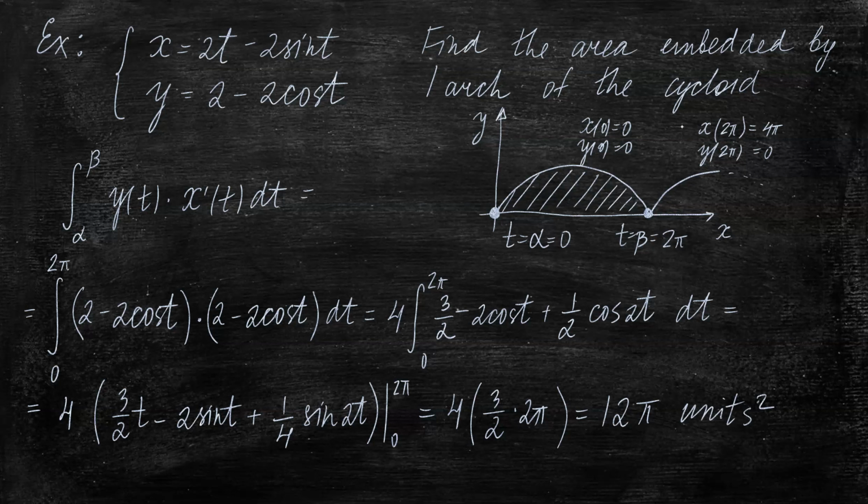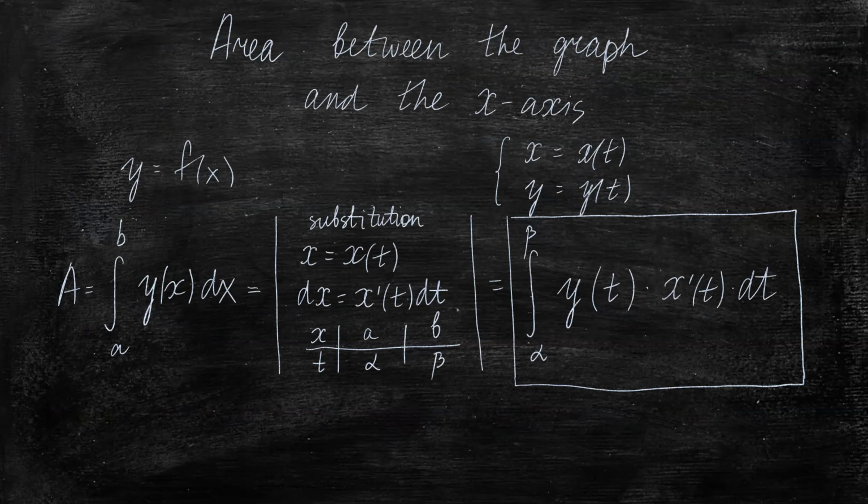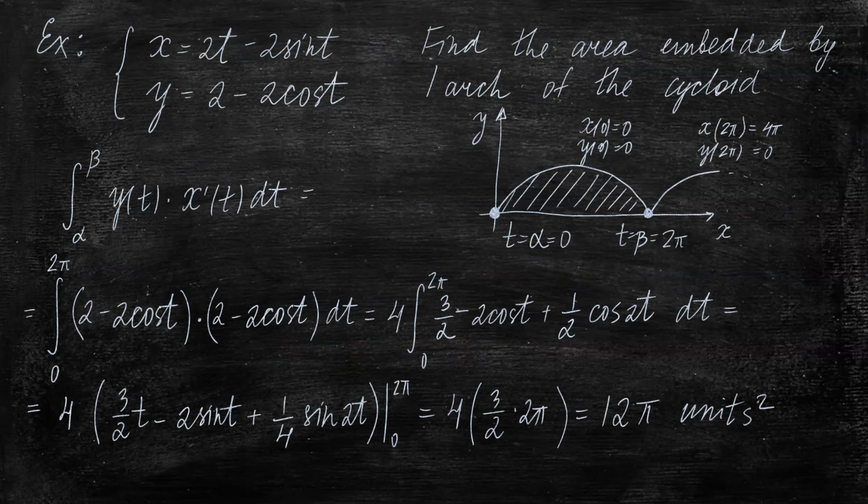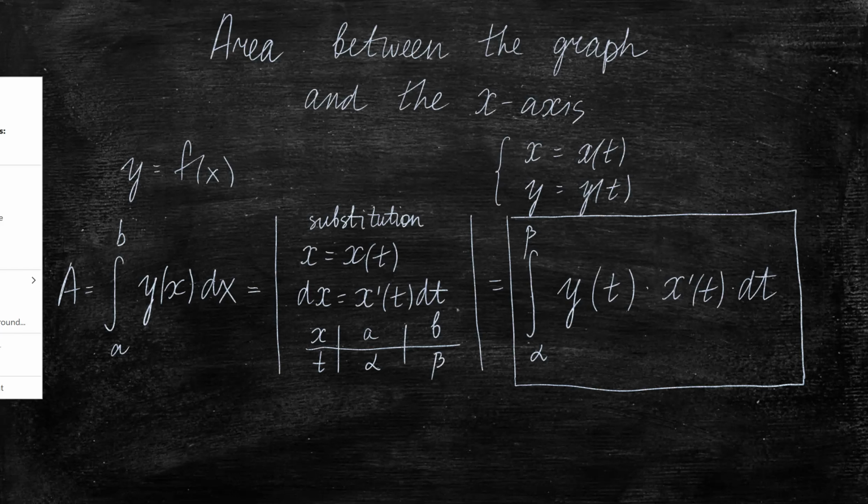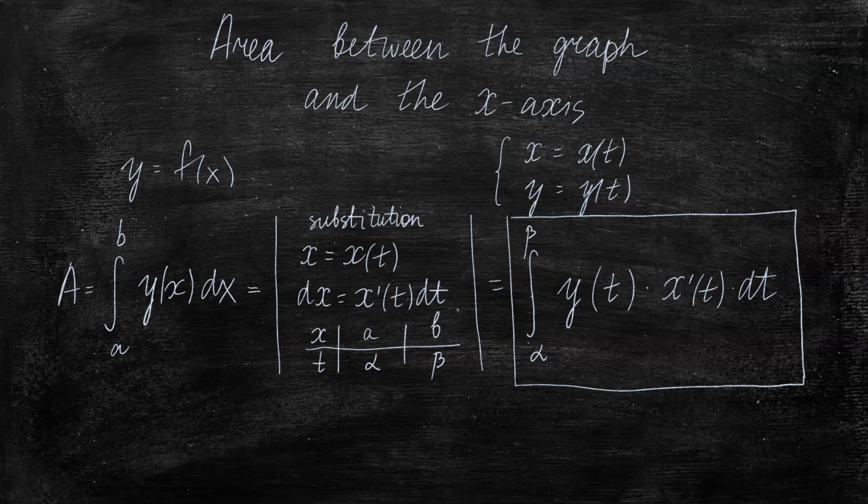So we used this formula to find the area between the graph and the x-axis. Let's discuss another formula. So this time we're going to switch from finding the area between the graph and the x-axis to finding the area between the graph and the y-axis.